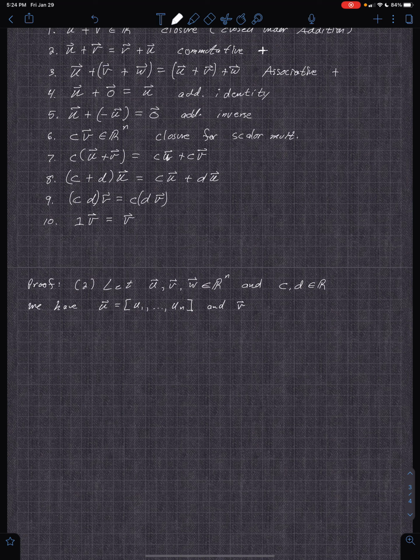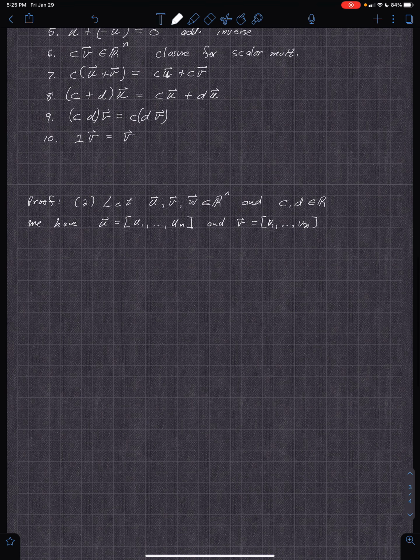And we have that V is the same idea, (v1 to vn). And so when you add those, U plus V, you're adding just component-wise, right? So it's just basically u1 plus v1, etc., to un plus vn.